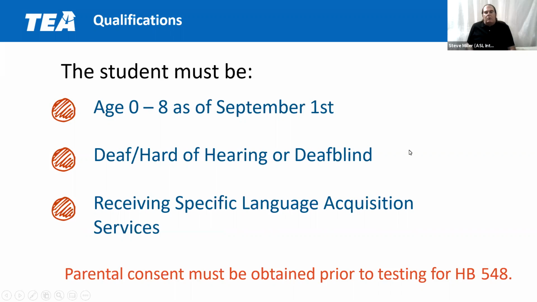The school must get parental consent for those who qualify to be assessed. The parental consent is separate from the 3-year evaluation for special education services. Those are two separate things. It's possible that they could use the same assessment tool for both purposes, the special education services and the House Bill 548 assessments.